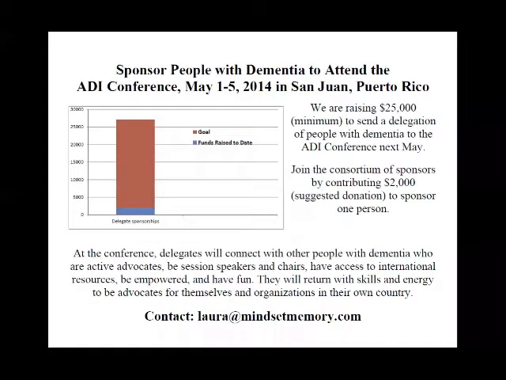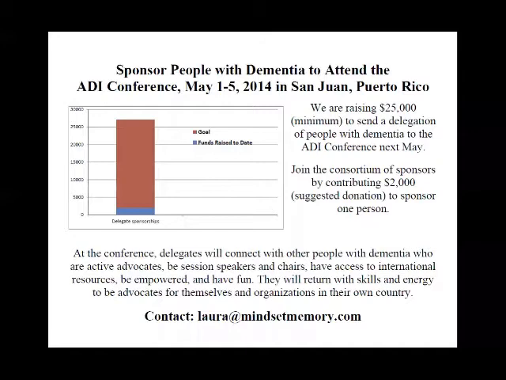One big thing I'd like to talk about before Richard introduces Judy is that a group of people with dementia from North America have gotten together with Richard and myself, and we are raising money to sponsor people in this group and others to attend the Alzheimer's Disease International Conference, which is May 1st to the 5th next year in San Juan, Puerto Rico. Why is it important for people to go to the conference? This is the one conference that I know of where people with dementia are welcomed as active participants throughout the conference.